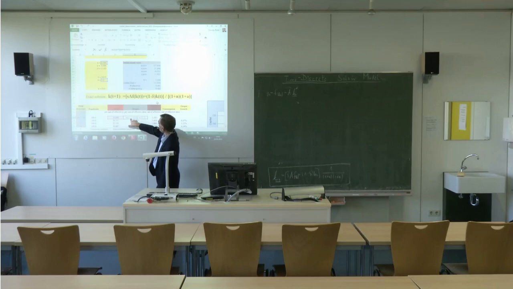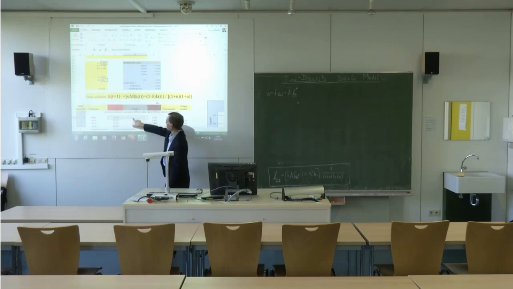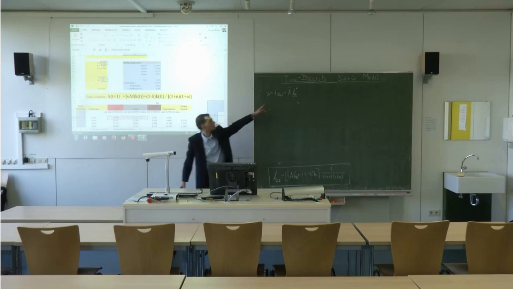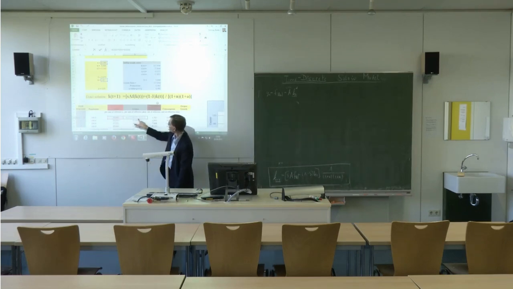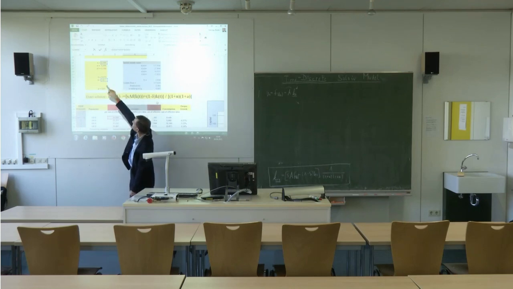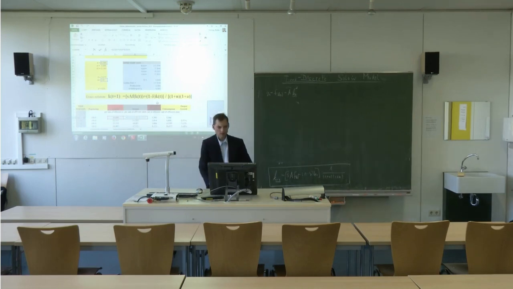It's my factor A, which is cell C21, times my K. The K is this cell, to the power of alpha, which is cell C15. And then we have output. That formula computes my output. And then I copy-paste this formula down.